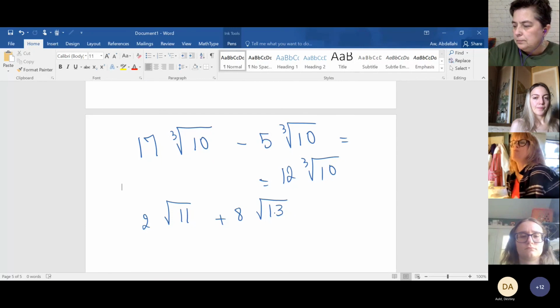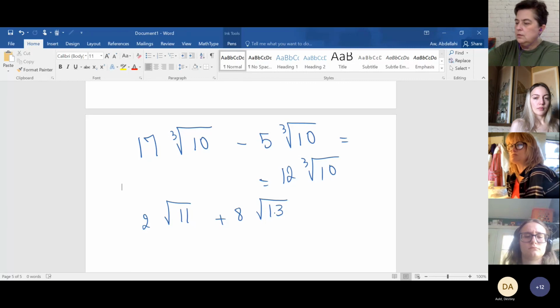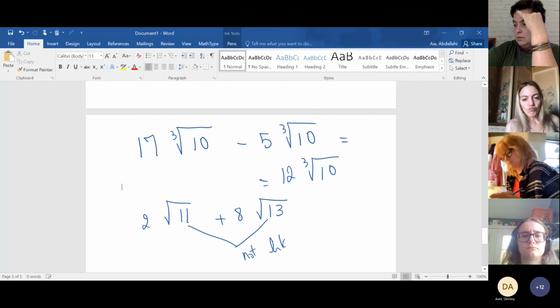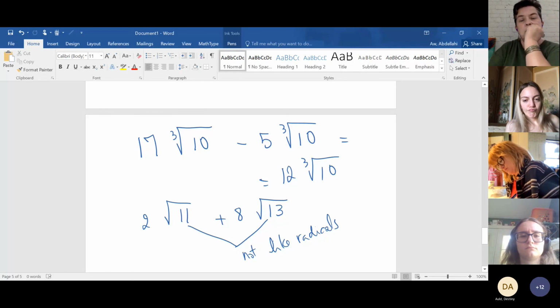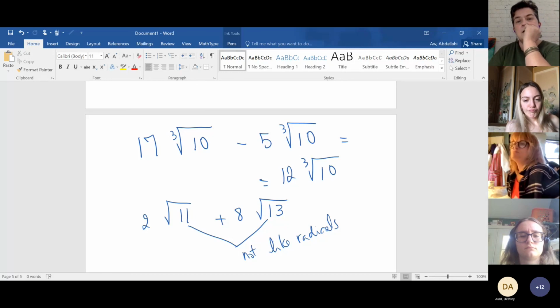And there's no way to make them become like radicals. Square root of 11 and square root of 13 are completely different. So we cannot put the 2 and the 8 together. We cannot say 10 something.